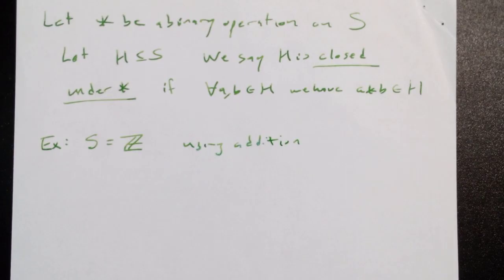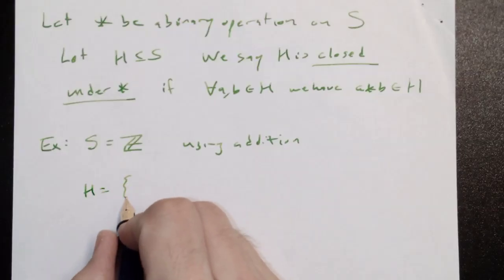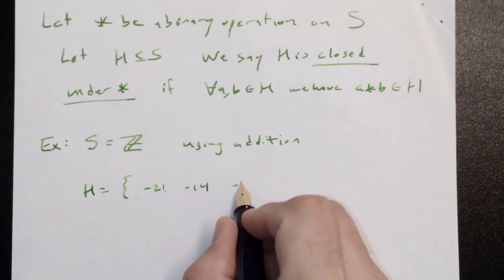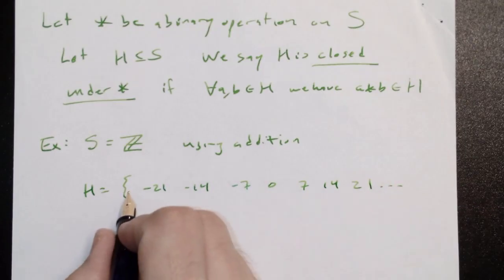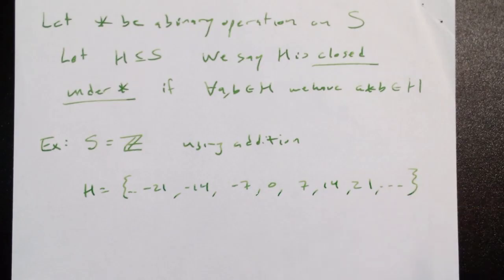And we have lots of choices here. Give me a number. 7. Let's consider the subset consisting of all multiples of 7.